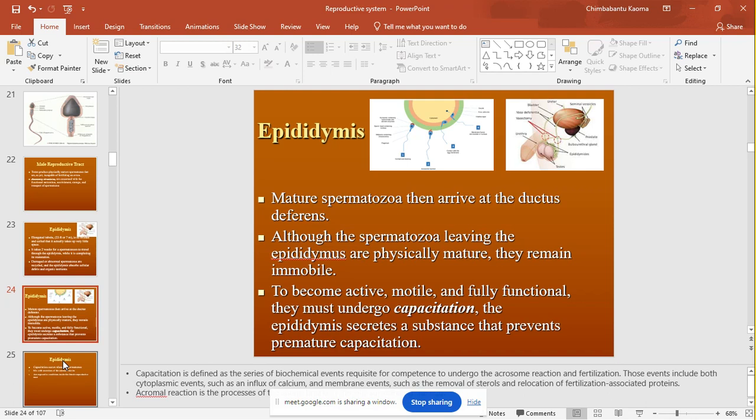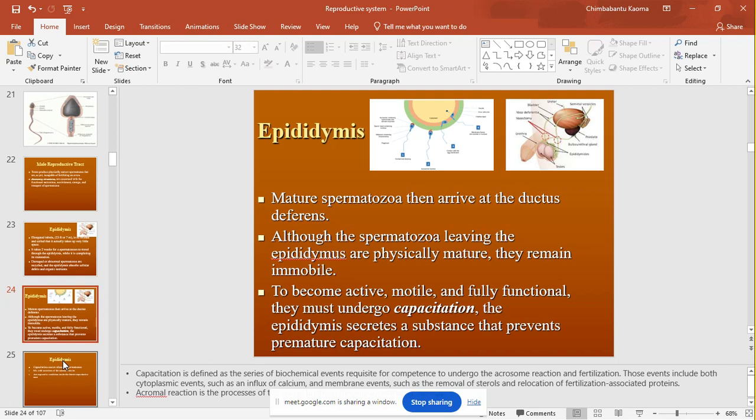We did mention that the spermatozoa from the seminiferous tubules are basically in a still state. So they look mature, but their flagella is not beating. The epididymis does play a role in the maturation, but even at this point, they're still inactive.